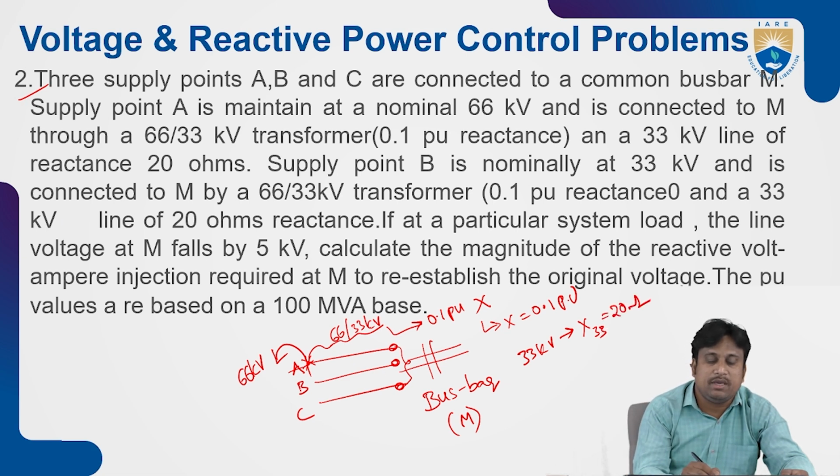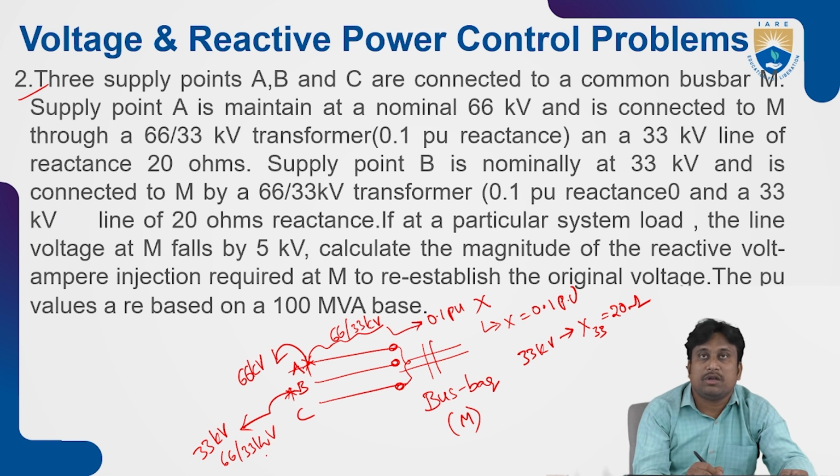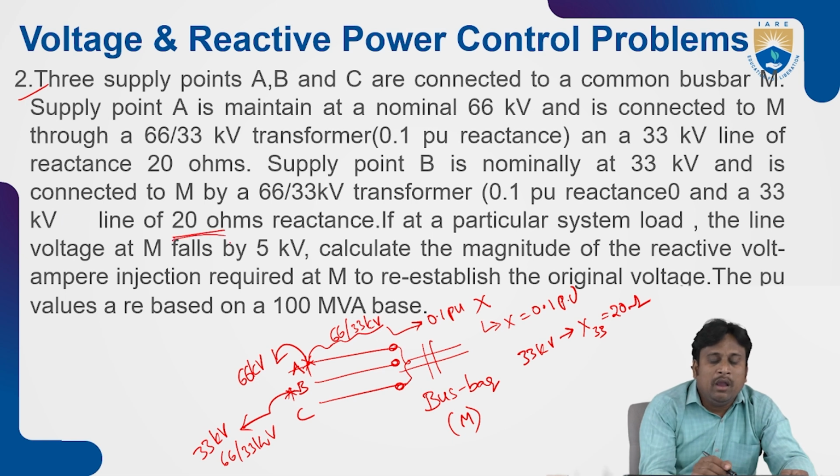Supply point B. Here supply point B is nominally at 33 kV and is connected to M by a 66 by 33 kV transformer. This is about 0.1 per unit reactance, and the 33 kV line has 20 ohms reactance.